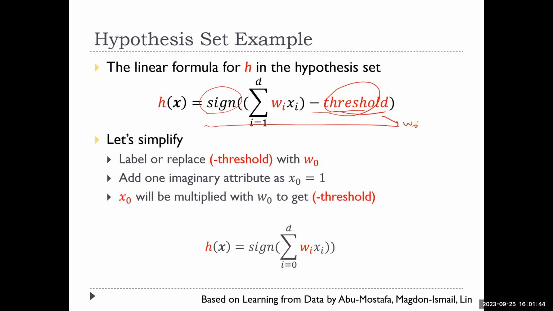And I'm going to multiply it with x0. The attributes start from 1, and I will set x0 as 1. So I'm going to have just w0. Then I can start my summation from 0 to D, and I can put this expression into this form.